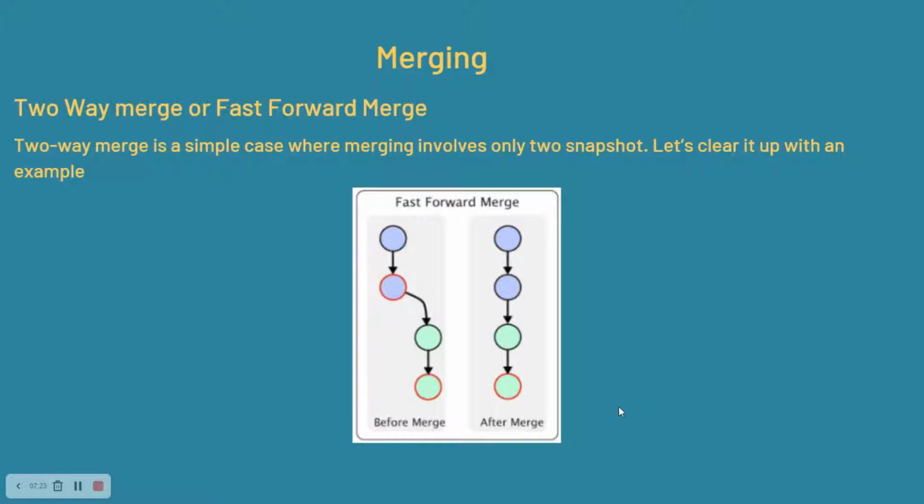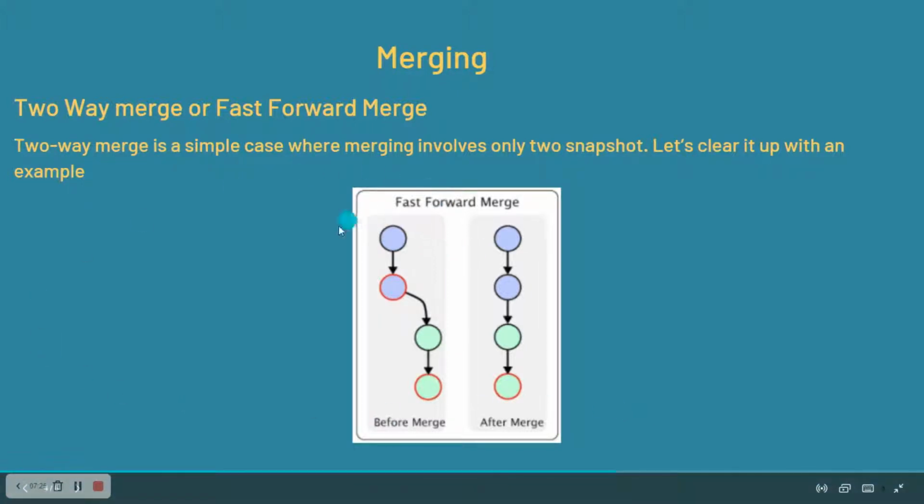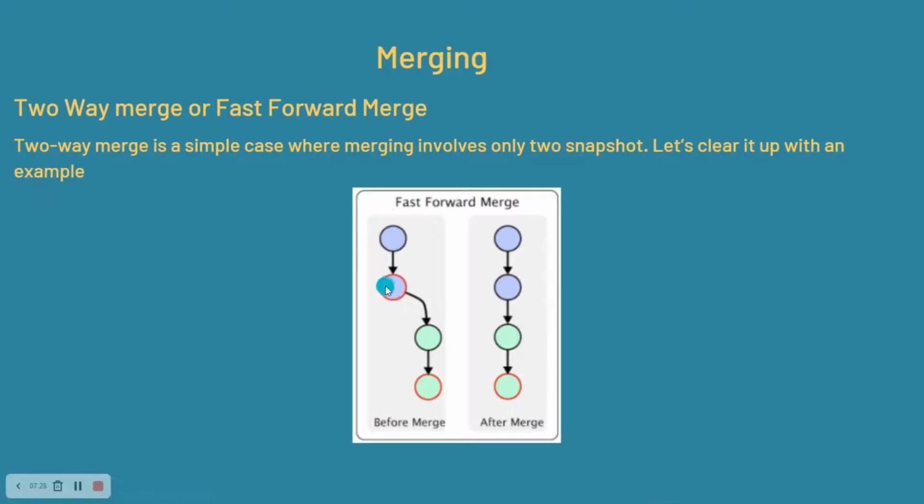I'm going to show a demo of this, but from the visualization, you have a master branch and you have committed the code and pushed. Here is where your commit is, and now you have created a branch called feature one and committed the code in the feature one branch. Now you need to push your changes to the master branch, and that's where you would be merging it with the master branch.